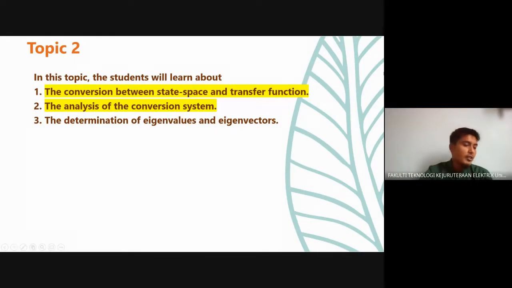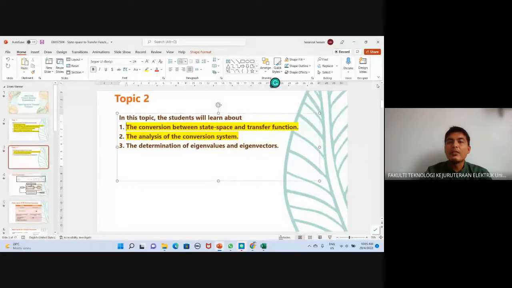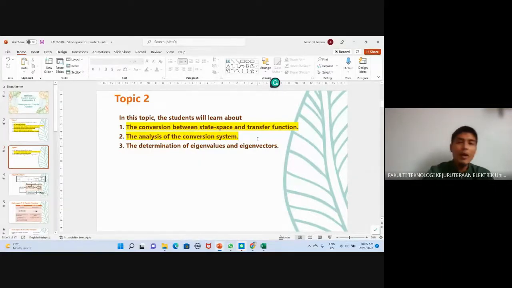So what do you think? What type of analysis do you think you will learn today? The analysis of the conversion system. Anyone would like to give me any answer? What type of analysis? The common analysis. When we have a system, when we have the transfer function, what is the common analysis that we will do?